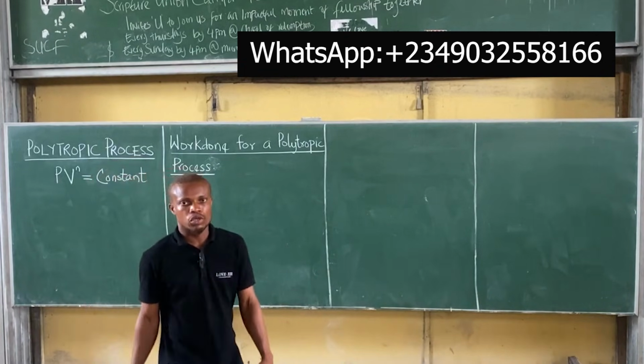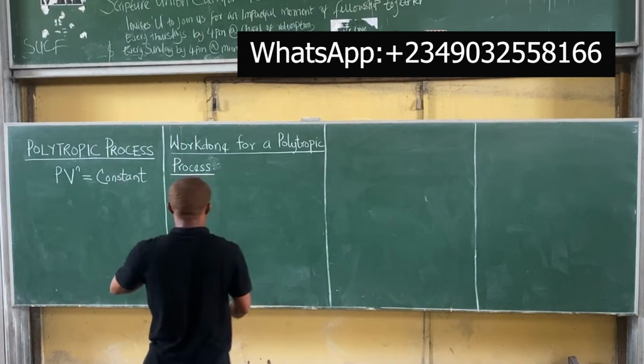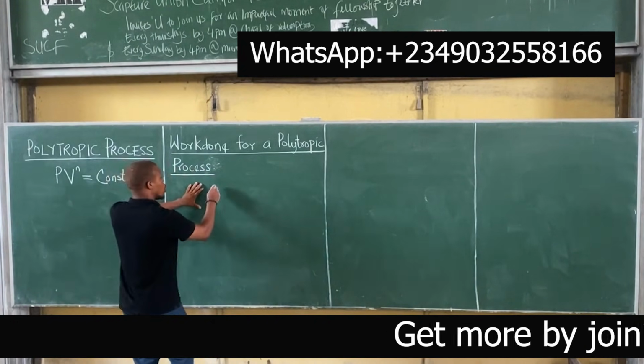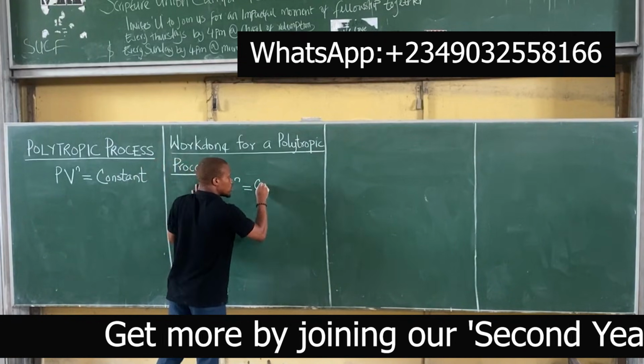Work done for a polytropic process. Recall that a polytropic process is any process that obeys the law PV^n equals a constant.